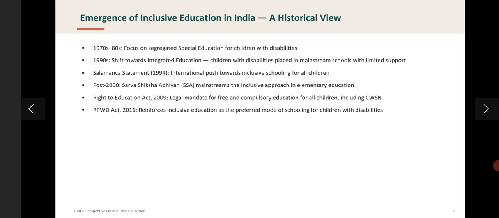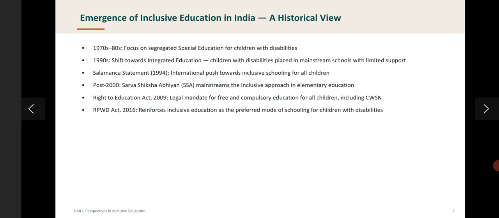I can't say first ever, but it is the earliest formal scheme, Integrated Education for Disabled Children, IEDC, in 1974.